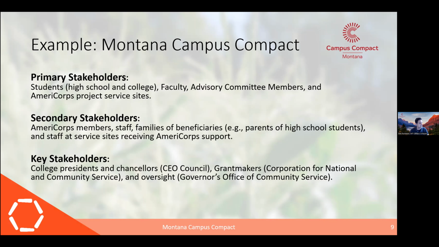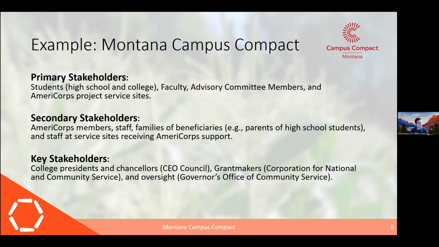Importantly, faculty are primary stakeholders. Some of the work that we do is very much focused on service learning, which in all honesty is a presentation in and of itself, but it's really about integrating service and civic engagement into some sort of curriculum and making sure that the course they're doing really embeds civic and community engagement in the work that they do.